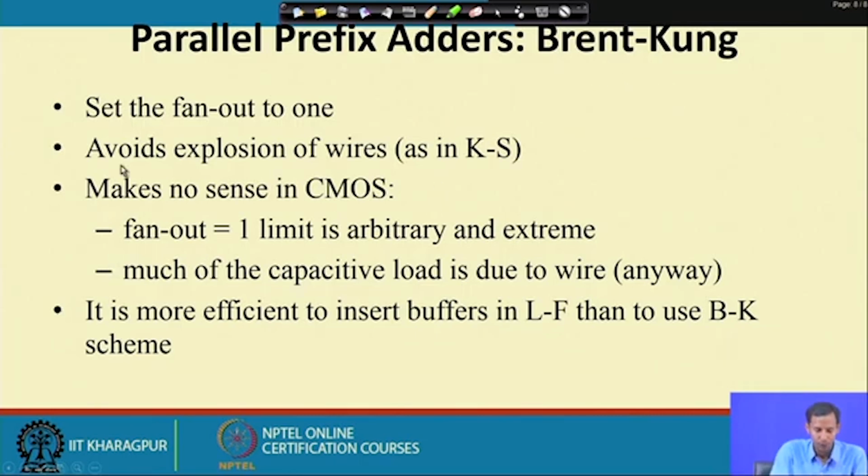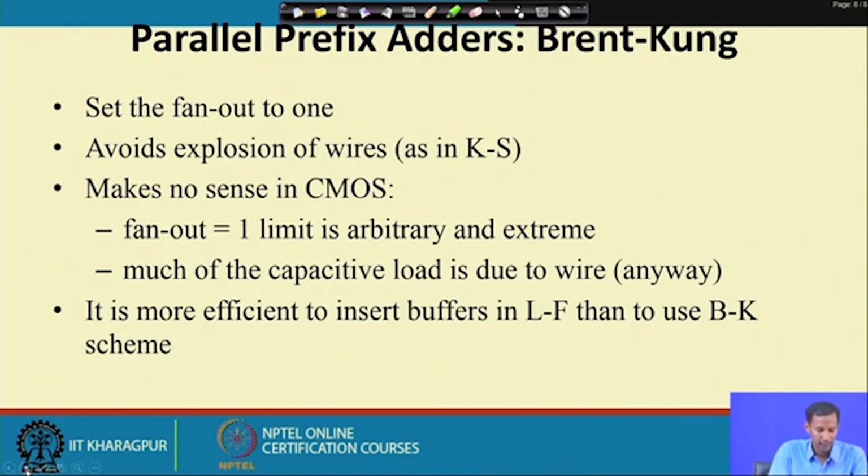This basically avoids the explosion of wires that happens in the Kogge-Stone adder, and according to this Brent-Kung adder scheme, we can insert buffers more efficiently.